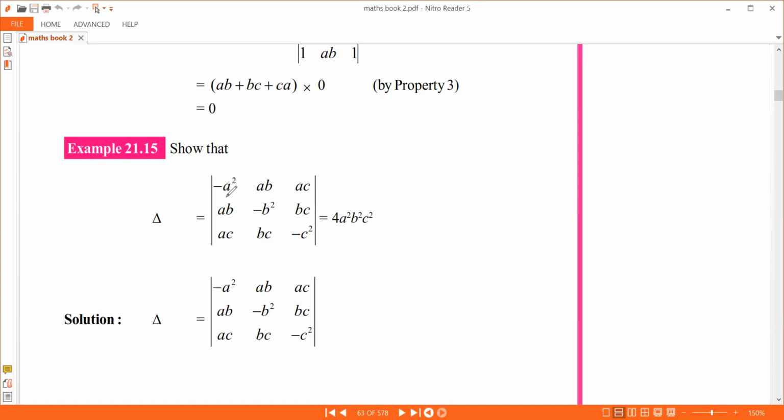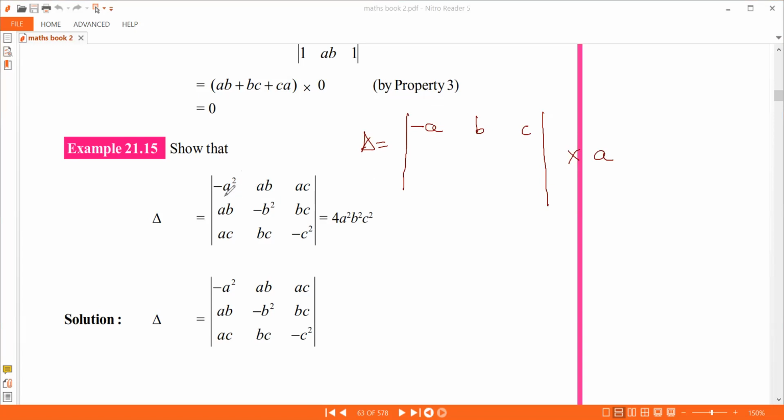Now assuming this is delta, in this row I will take A as common. If I take A as common, I get minus A, B, C, multiplied by A.